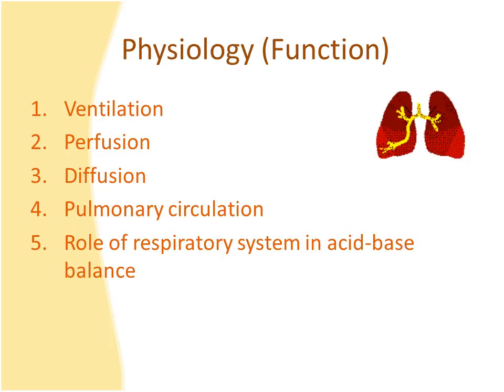Hemoglobin is a component of red blood cells that oxygen is attracted to. So we need to have adequate hemoglobin in order for diffusion to occur, because the hemoglobin is what's carrying the oxygen and carbon dioxide around through the body.